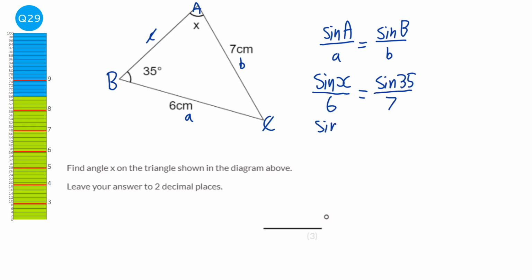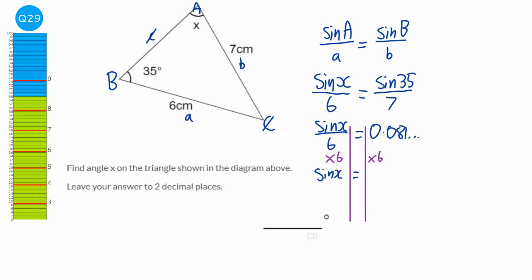Okay, we're going to work out what the right hand side is. So that's going to be 0.081... And then we're going to be solving this. And the first thing we're going to do is times by 6 both sides. So we get sine x is equal to 0.491... And then we're going to inverse sine both sides.